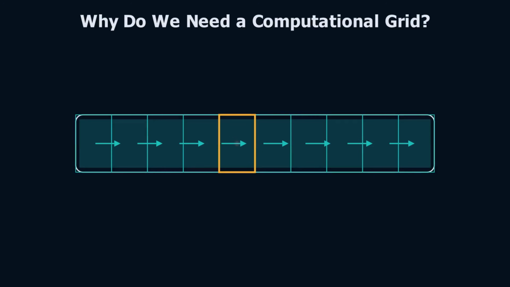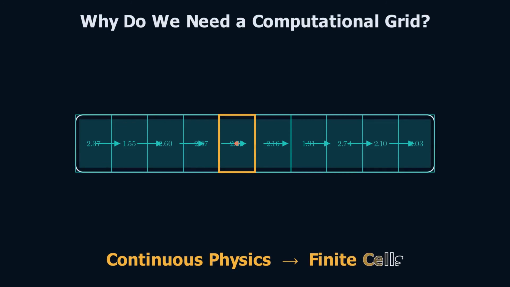Later, each cell will store the flow variables at its center. Instead of remembering infinitely many values, the computer stores only one representative value for each cell. Repeat this process for every cell, and the entire flow becomes a collection of numbers that the computer can understand. This simple transformation is what makes computational fluid dynamics possible.